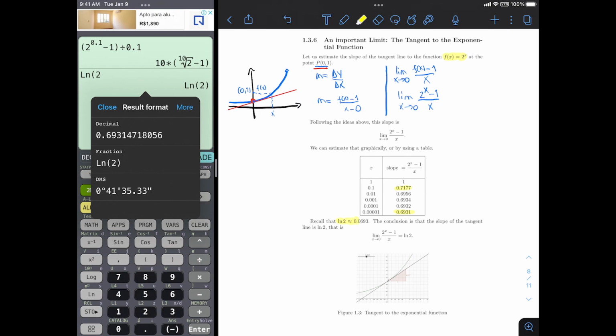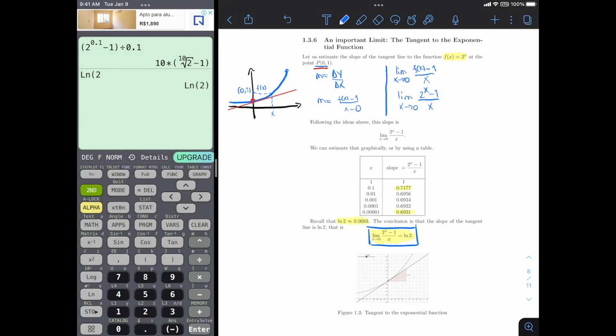So it is a working hypothesis that the limit equals ln of 2. So this is an expectation that we can have. We're going to see when we study more complicated limit techniques that this is actually true, but for now, just keep this in mind.